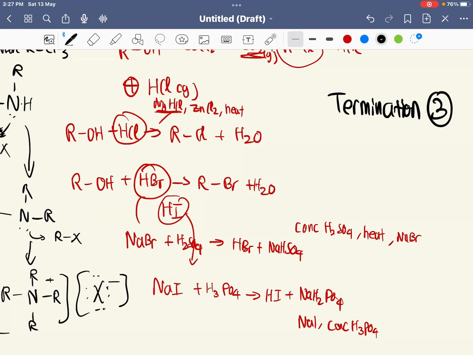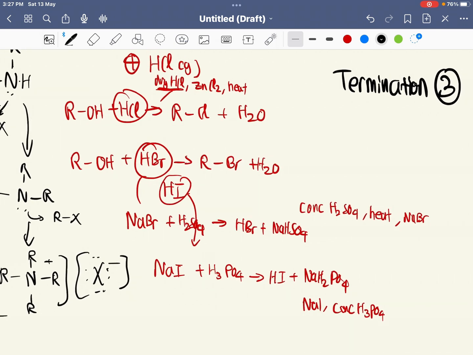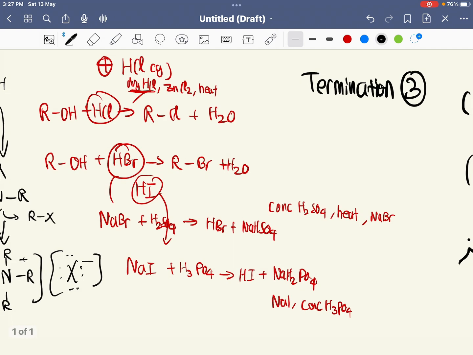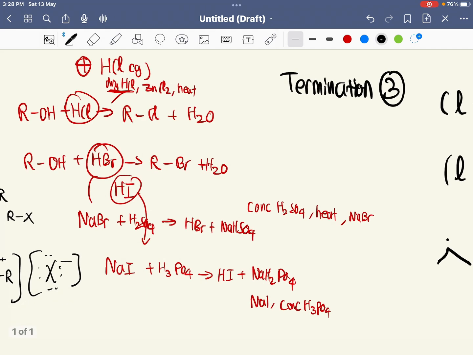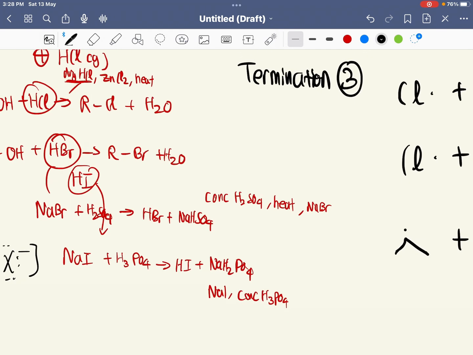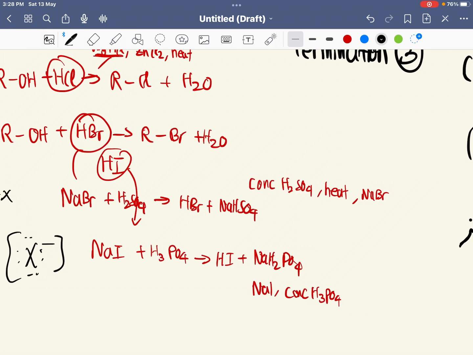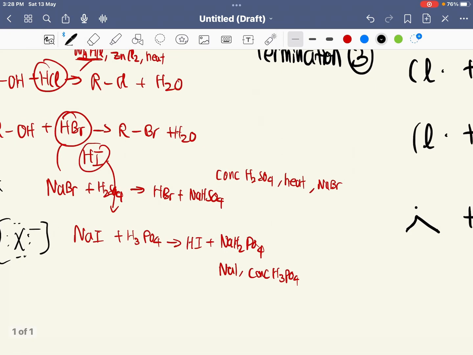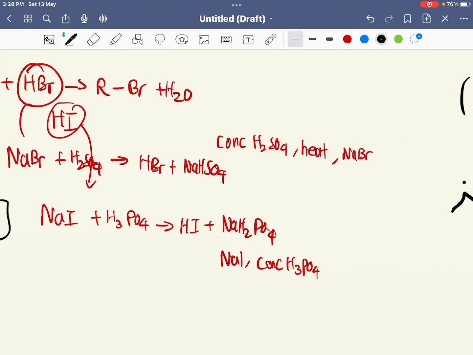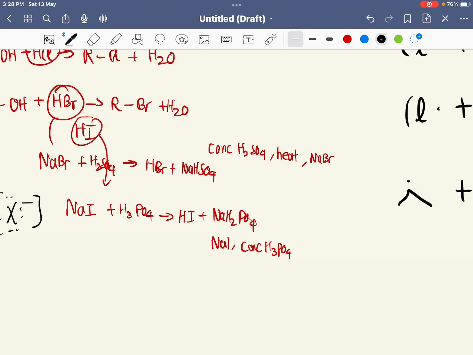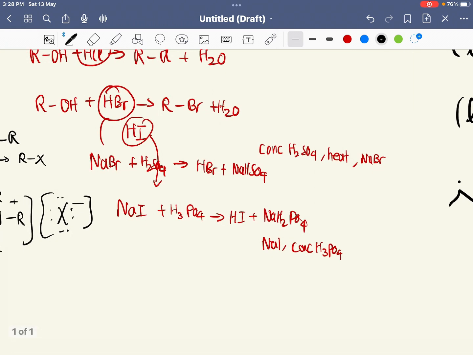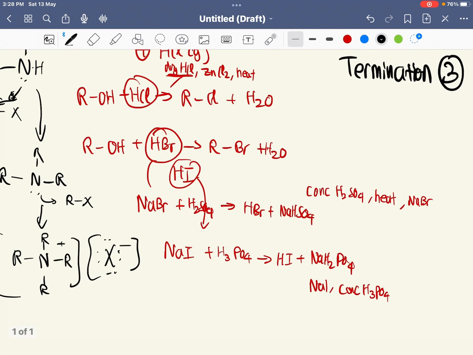For HBr, you need sodium bromide with sulfuric acid, so the reagents and conditions are concentrated sulfuric acid, heat, and sodium bromide. If you want to prepare hydrogen iodide, you use sodium iodide and phosphoric acid, and the reagents and conditions are sodium iodide and concentrated phosphoric acid. So note the acids here are concentrated.